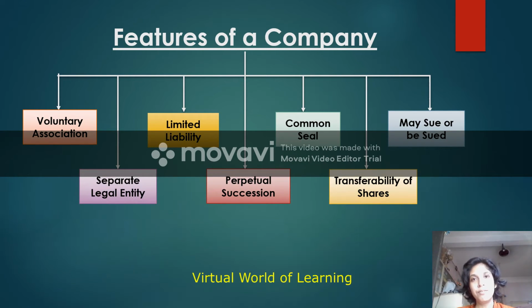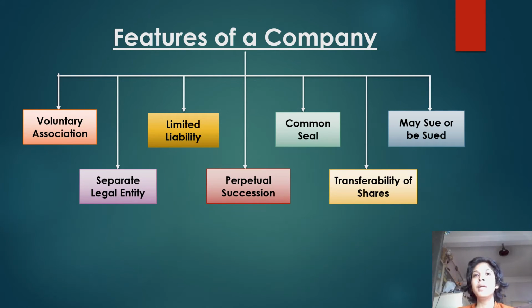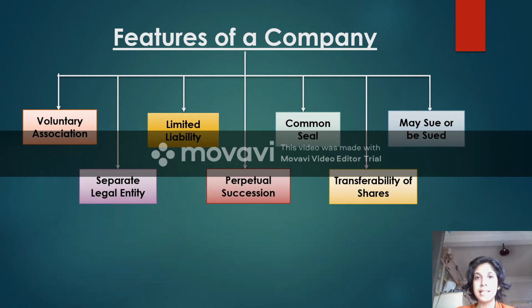So it is obvious that the company has the right to put a court case against a person with whom it was dealing with, and it is not satisfied enough, or also the company can be sued against. That means any person who is not satisfied with the service of the company can put a court case against the company as well.